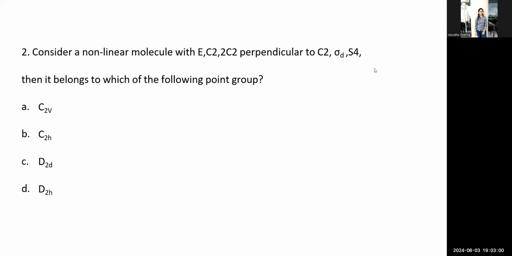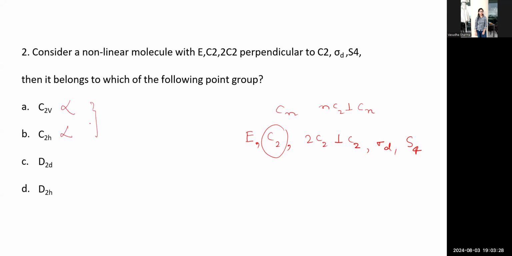Moving ahead, here's a question which says: consider a non-linear molecule with E, C2, two C2s perpendicular to the first C2, sigma d, and S4. We can easily say that when we have Cn and n C2s perpendicular to Cn, it does not come under the single axis rotation groups.